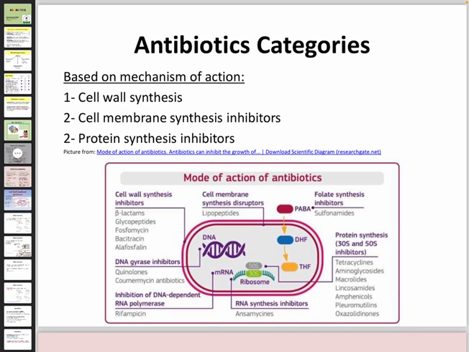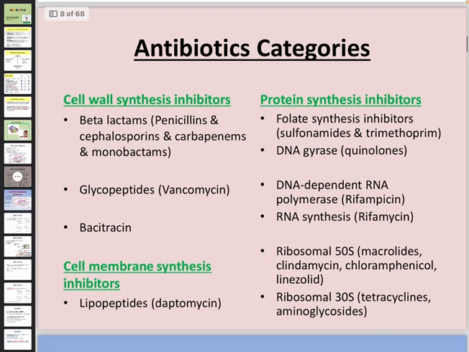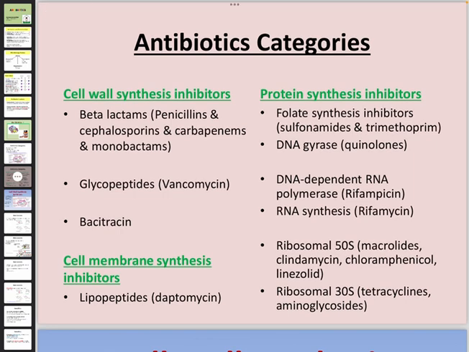Most of the antibiotics that we use in practice are cell wall synthesis inhibitors, like beta-lactams, lactamase inhibitors, and bacitracin. Cell membrane synthesis inhibitors include lipopeptides like daptomycin. And there are multiple examples of protein synthesis inhibitors that we will also come across in a bit.